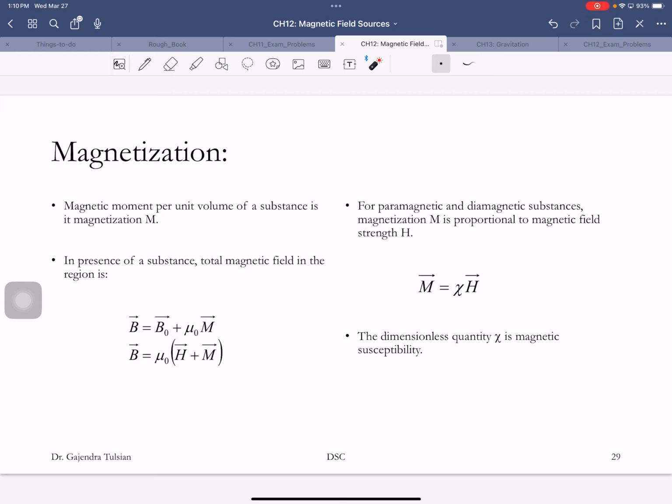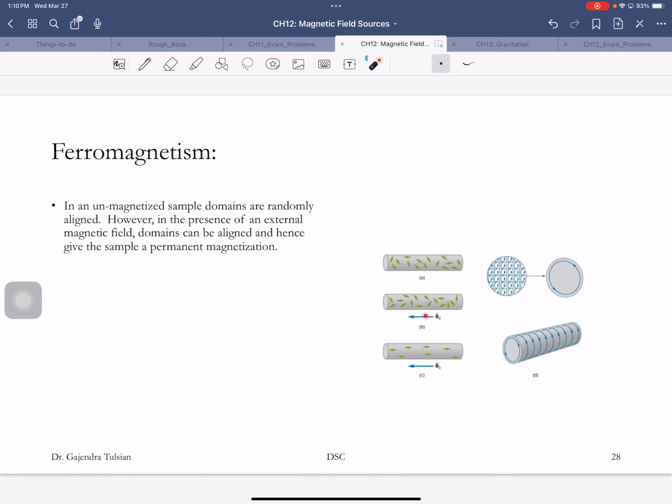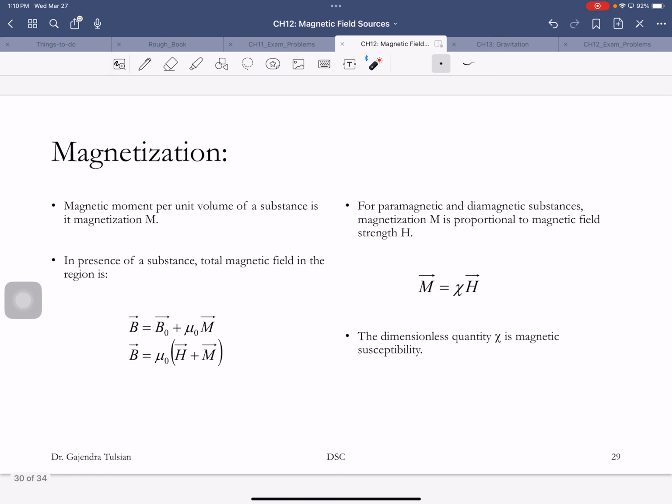Magnetic moment per unit volume of a substance is called magnetization. For paramagnetic materials, you saw that if you introduce a magnetic field, these moments will align. So for paramagnetic and diamagnetic substances, magnetization is proportional to the magnetic field strength.